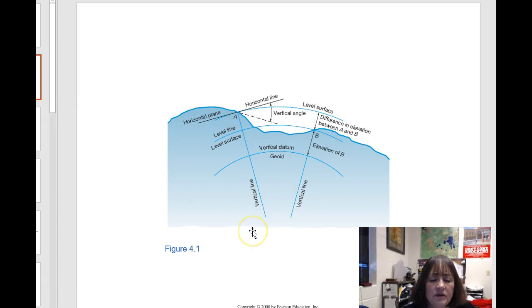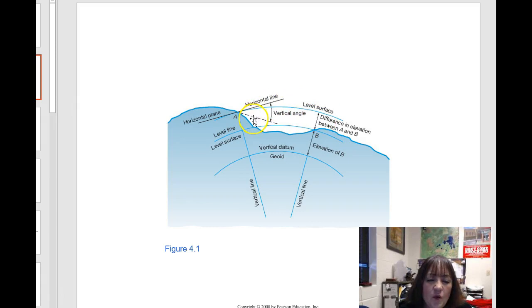And so if you look at this picture, the first thing that you'll see is that we talk about two different things. We talk about a horizontal line, which is straight, and we actually determine that because it's perpendicular to a vertical line. But the curvature of the Earth creates a situation where a vertical line struck at a different location would result in a different horizontal line.